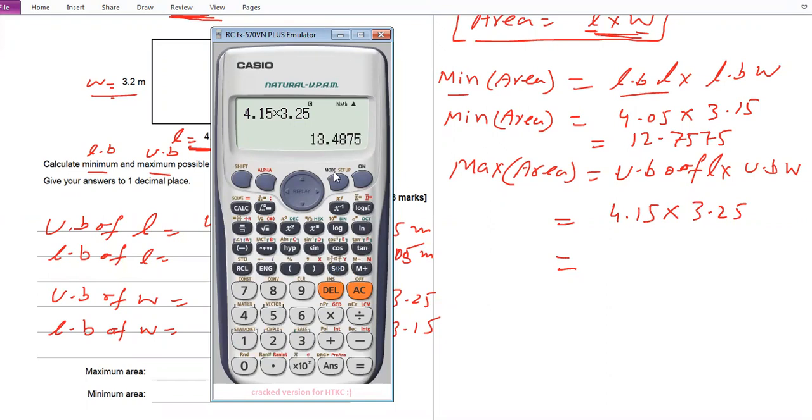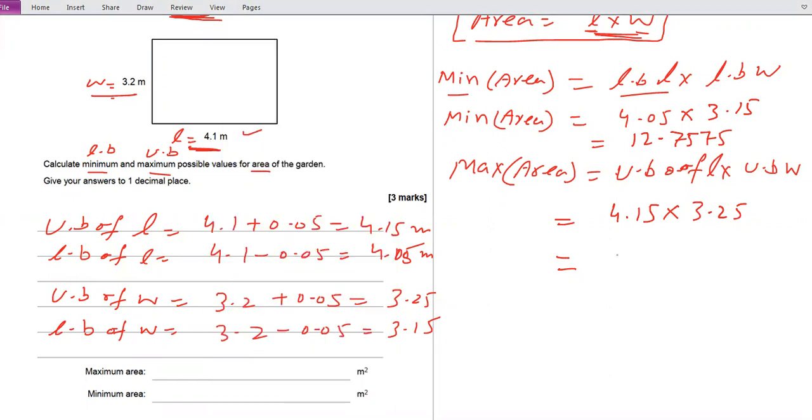So we will get 13.4875. Okay. And the unit is square, because area is always a square unit, meter square. So this will be the way. Now you can write the maximum area is 13.4875, and the minimum area is 12.7575. That you can round to 3 significant figures or even leave as it is, it doesn't matter.